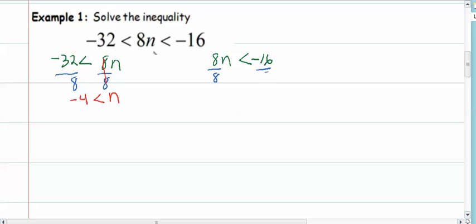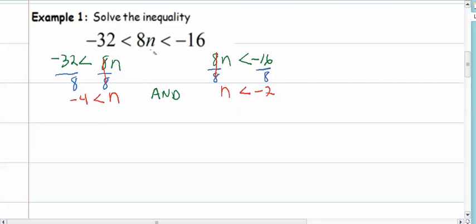Again, that gives us n. We're going to keep the sign, and 8 will go into negative 16 negative 2 times. The last step was to put the word "and" in the middle, so I'll make it with a bright green, the word "and" in the middle.